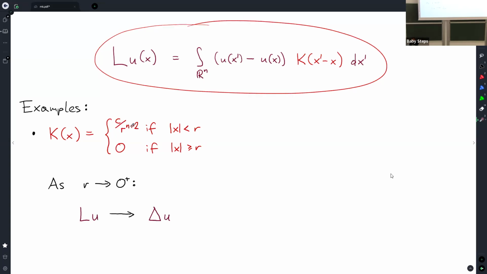So you change 1 into a thing that depends on the radius. Then you can easily show that as the radius goes to 0, so you shrink the neighborhood down to 0, that operator converges to a Laplace operator. Well, that's fairly straightforward if you know the mean value property that we mentioned in the previous slide.